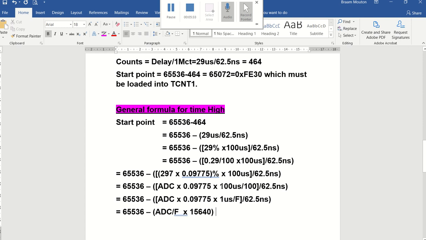You will see what basically happened here is the 100 here and that 100 there cancelled out. It left me with 1 microsecond, divided by the frequency, which is also 1 over f, which is the period.